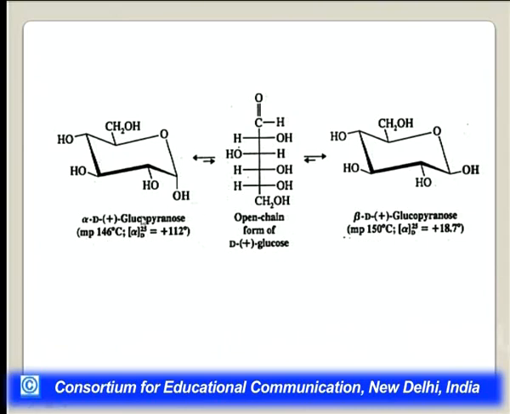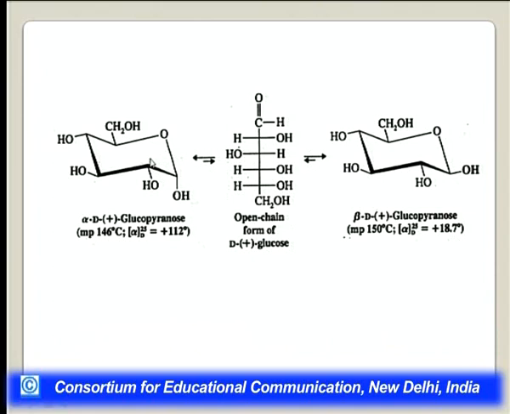Another point to observe is that the specific rotation at 25 degrees Celsius for alpha is plus 112 degrees, and for beta it is plus 18.7, and you can see these forms are interchangeable via the open chain structure of D plus glucose.